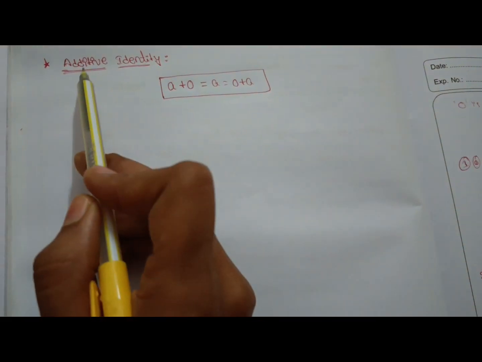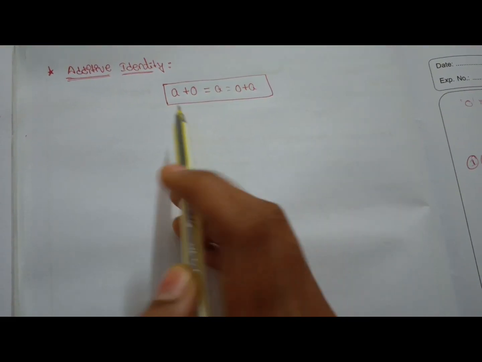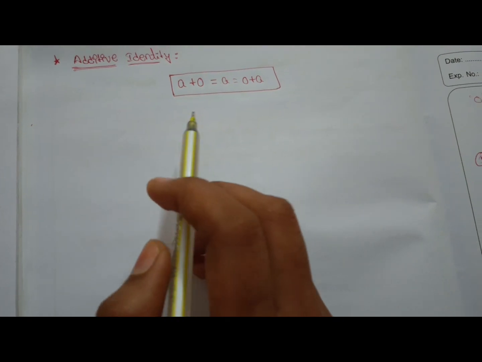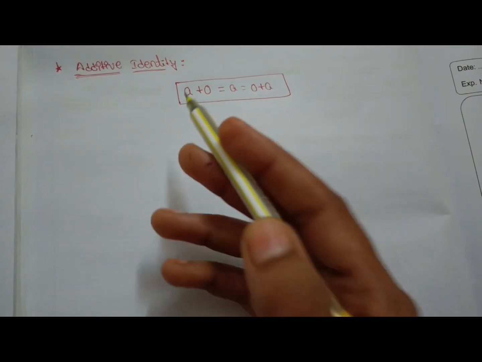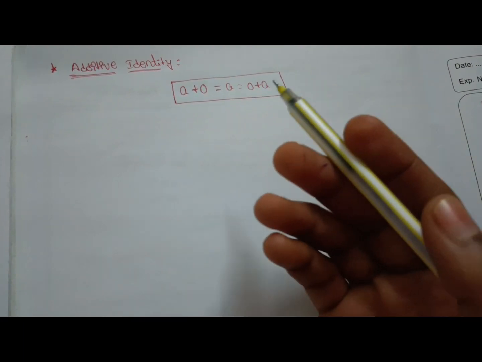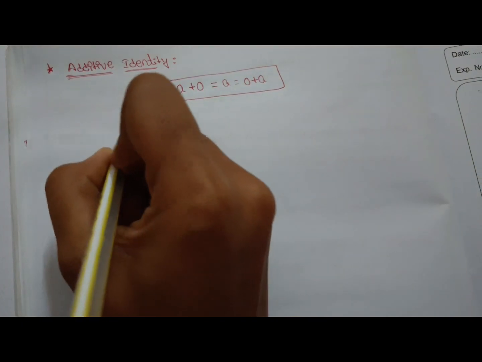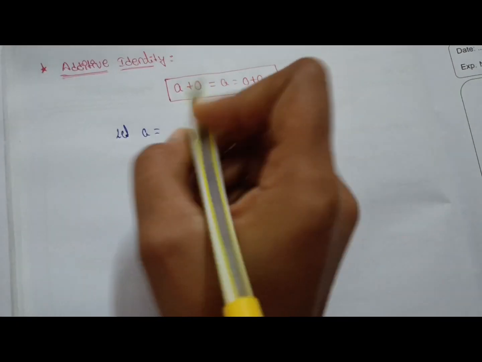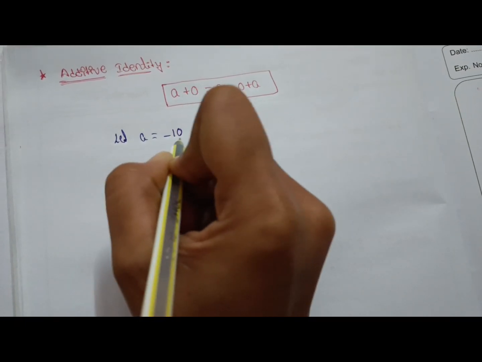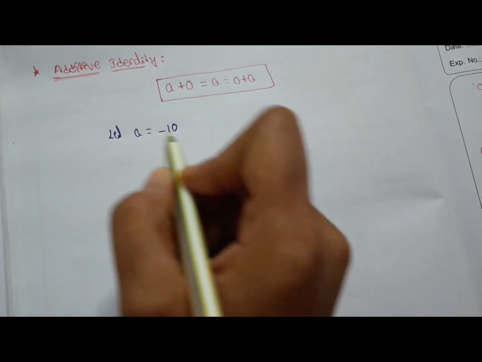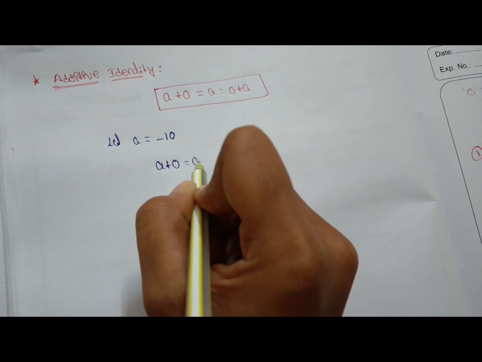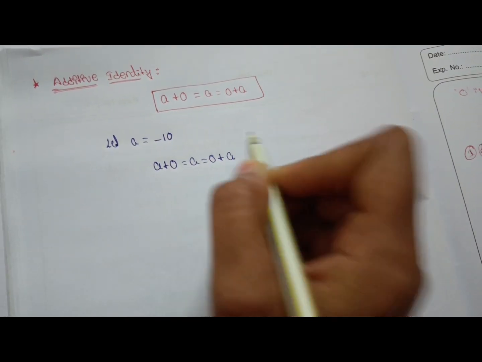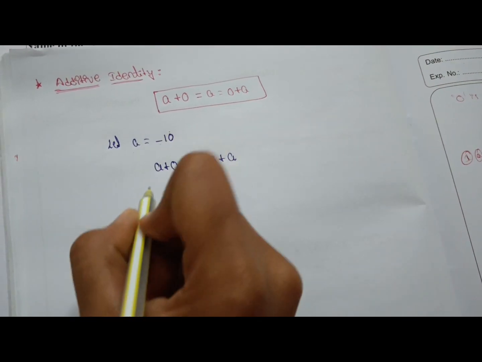Next property, additive identity. You guys already know that 0 is a additive identity for whole numbers. Let's check whether this property is satisfied for integers or not. We'll take one example. Let a is equal to minus 10. Minus 10 is an integer. A plus 0 is equal to a is equal to 0 plus a is equal to minus 10.